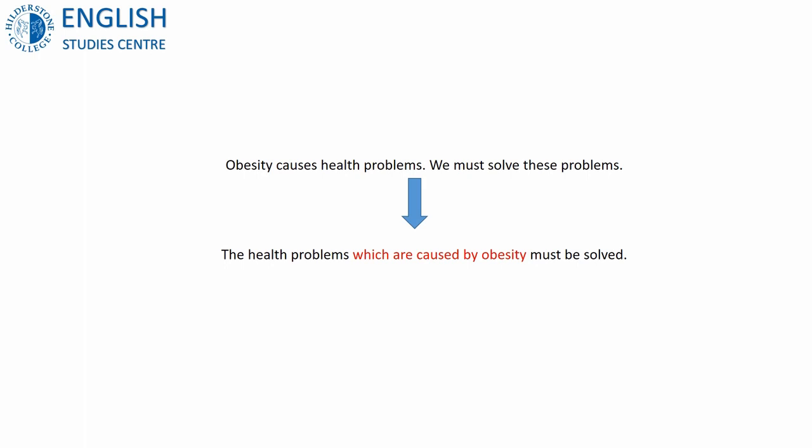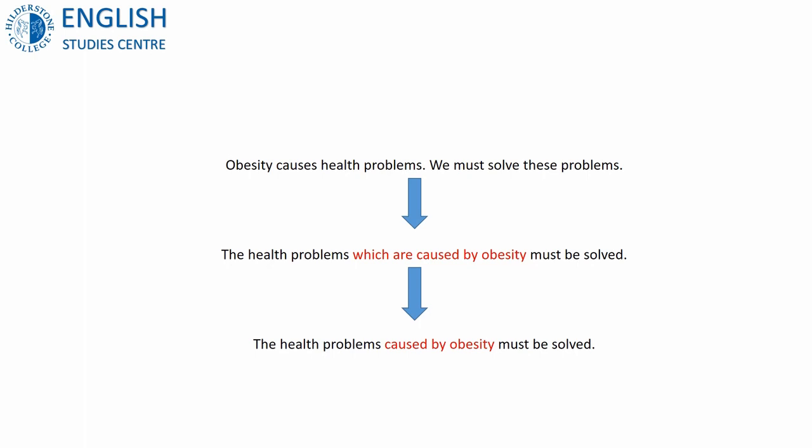Then, from there, I'm sure you're ahead of me on this and have already done it. It's really easy to make it a past participle clause or reduced relative clause. The health problems caused by obesity must be solved. And there you go. You've got your perfect, information-rich past participle clause sentence or sentence with a reduced relative clause.